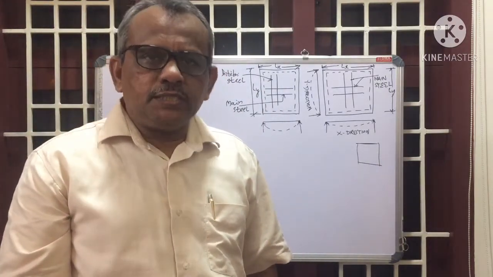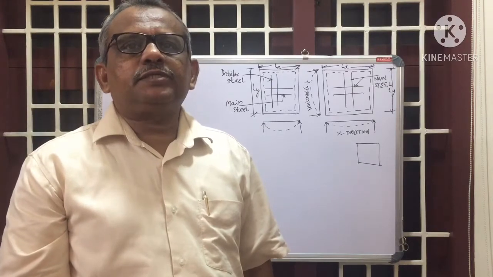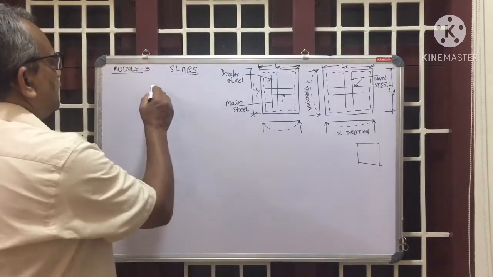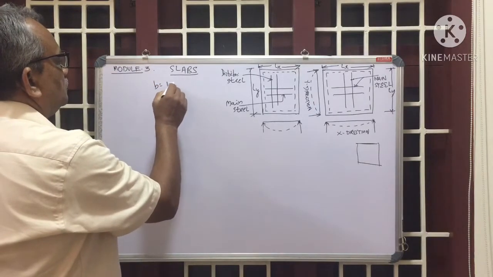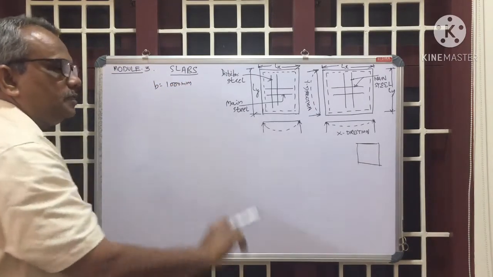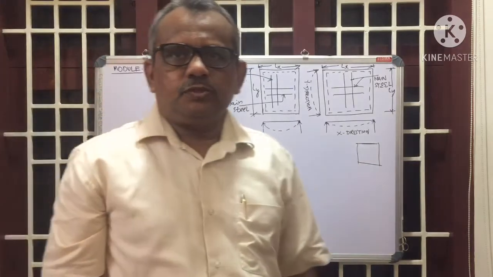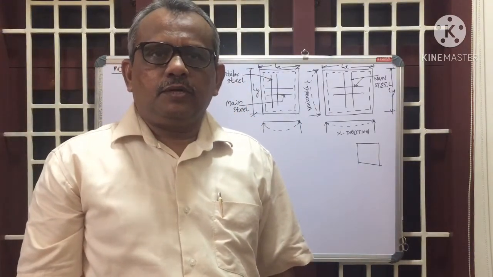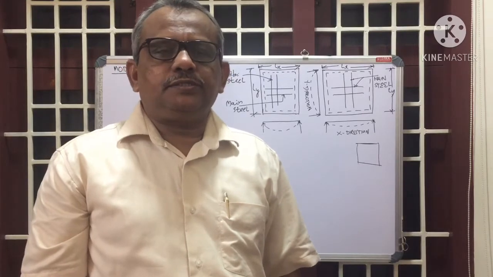But in slabs, the width of the slab is considered per meter, that is 1000 mm always. B is equal to 1000 mm for the design purpose. So per meter width of the slab. So that is one difference.